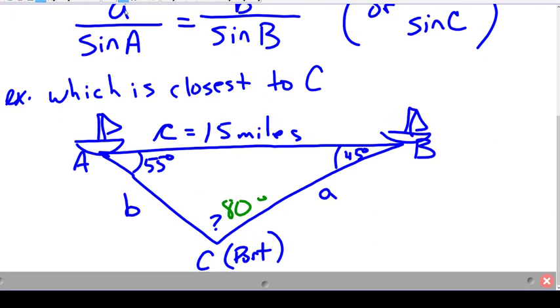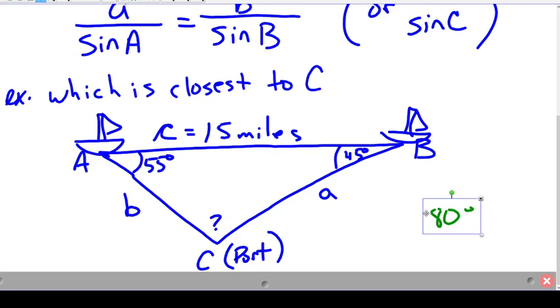So let's actually get rid of that 80-degree angle just for a second. I'm just going to move it over here. So let's say this was the original triangle given to you.